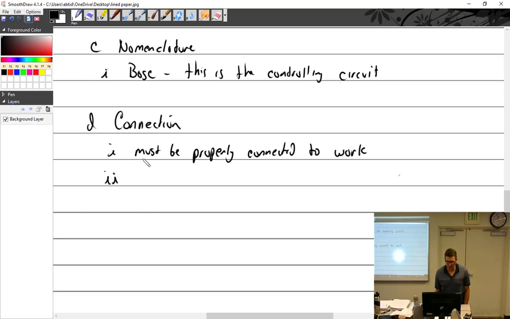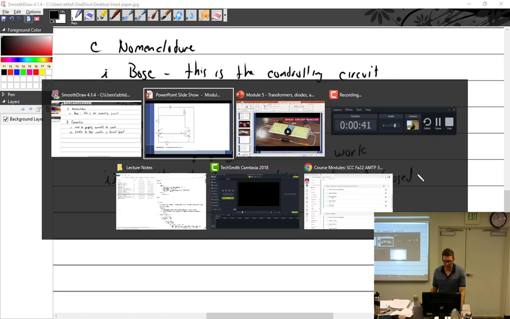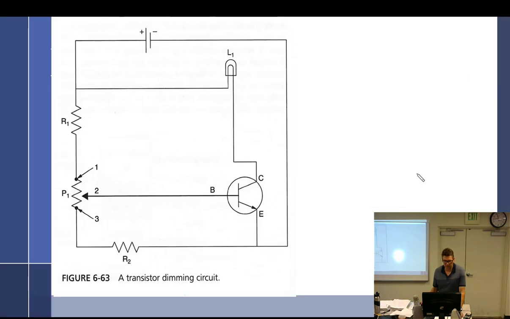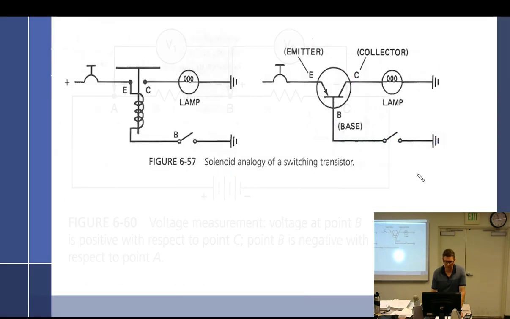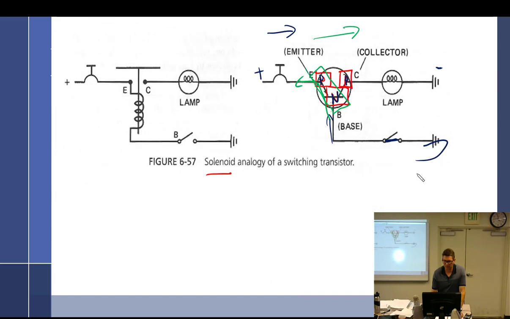So, emitter to base junction is forward biased. I'm going to do this kind of slow so we can look at what's going on.